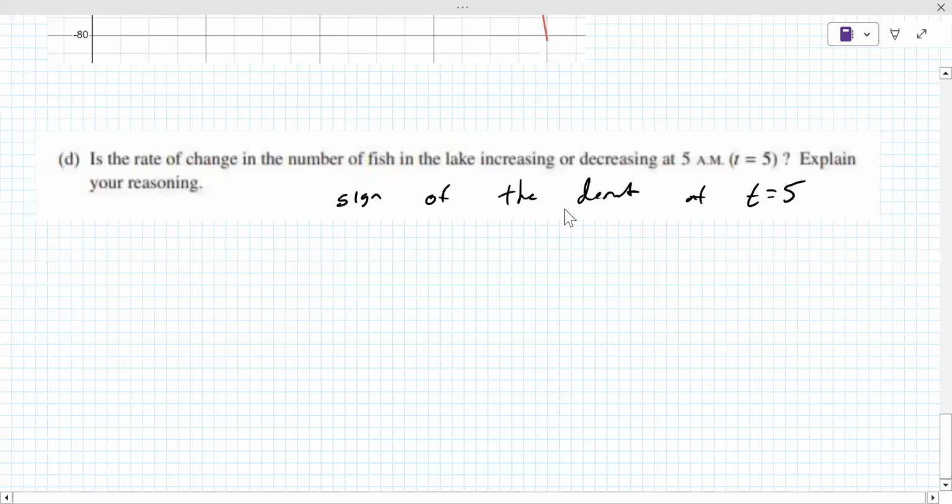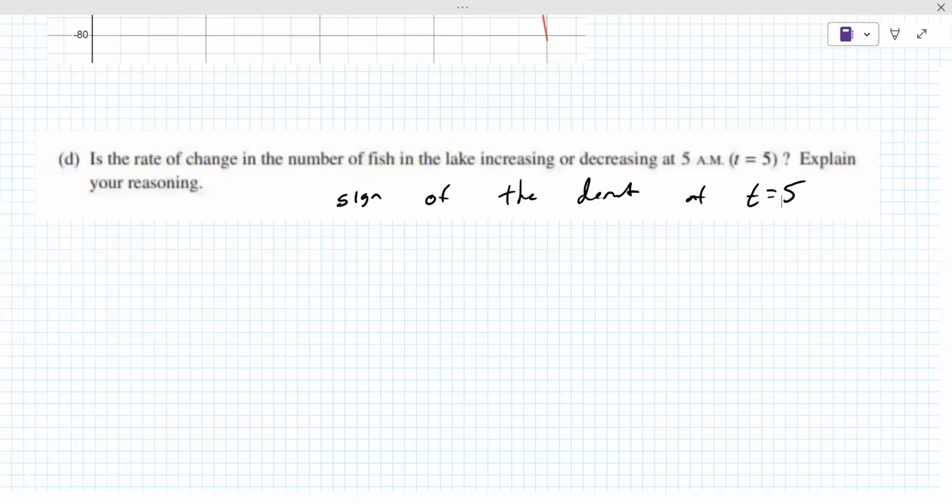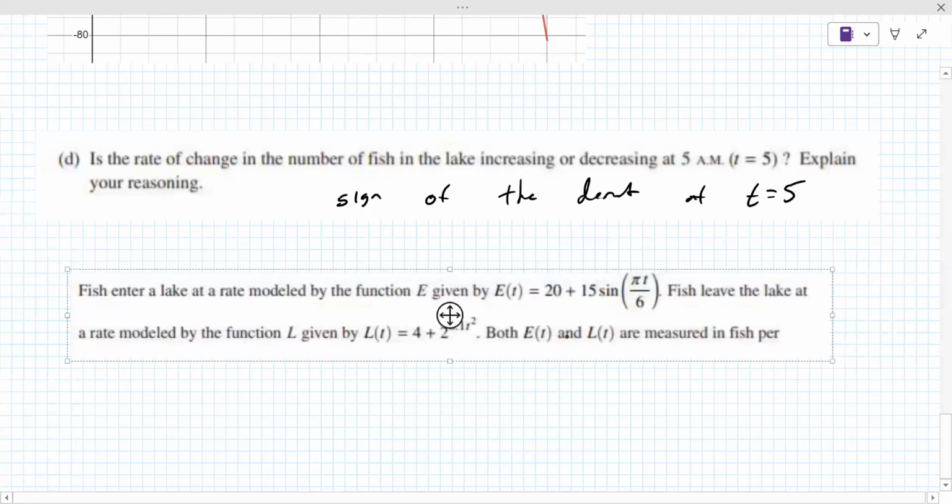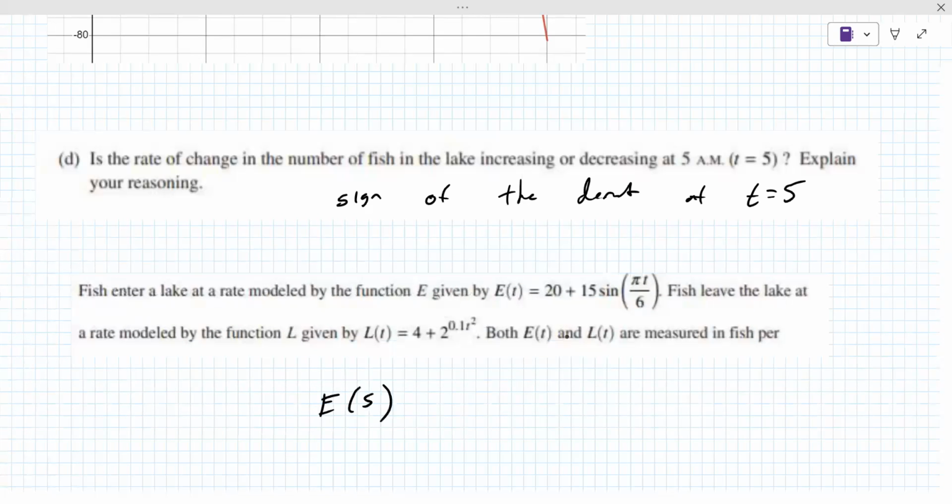If you recall from the original functions, the original things they're giving you are rates. So they're really just asking you to evaluate E of 5 minus L of 5. That's it. They're not asking you for anything more complicated than that.